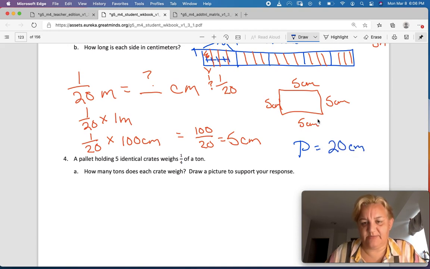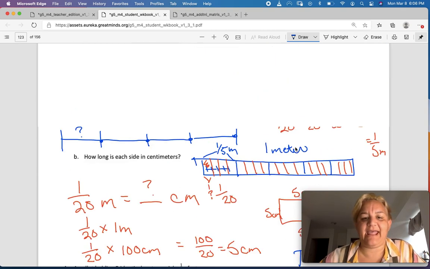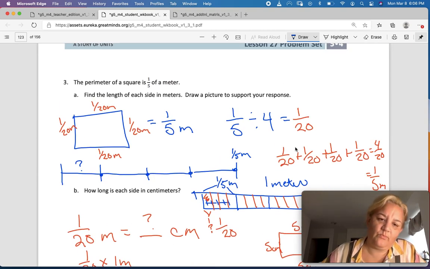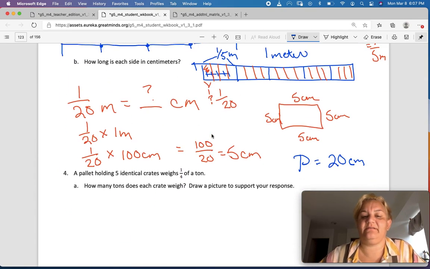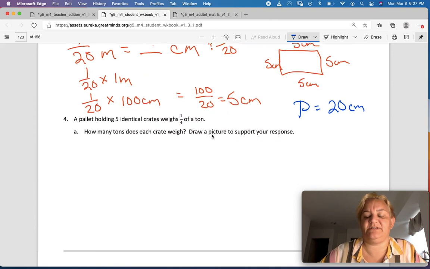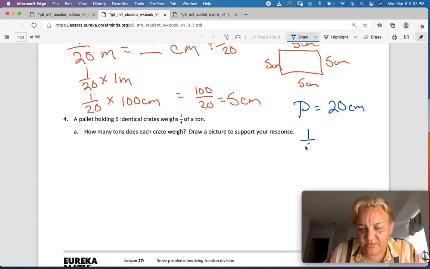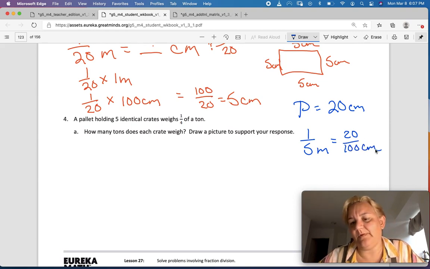Because the perimeter has added those up. And is 1/5 of a meter the same as 20/100ths? Okay, let me just show you. So 1/5, we're just checking our work, equals 20/100ths of a centimeter. Cool.